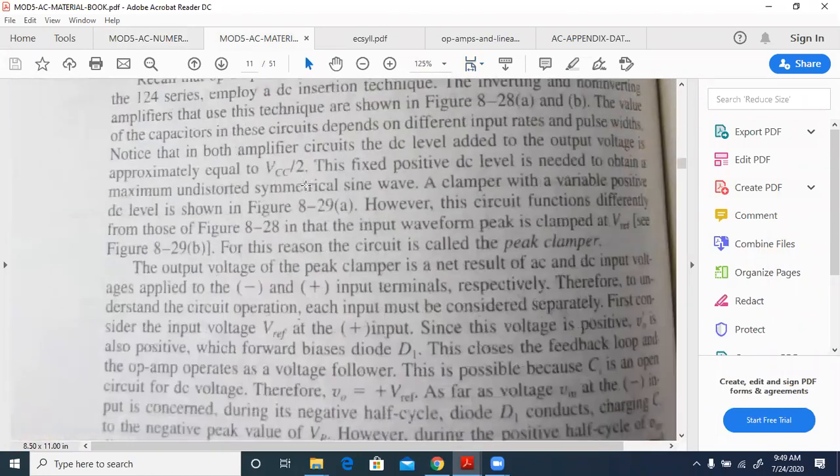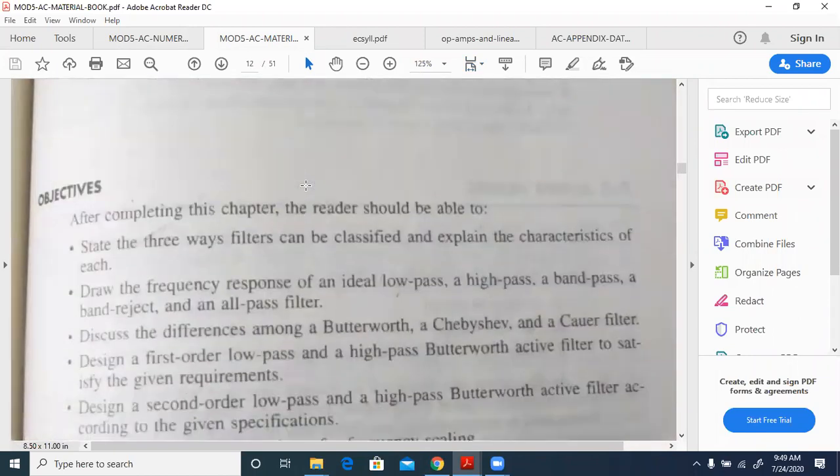Okay, so before taking this problem, let us see an example of whatever is given in the book.